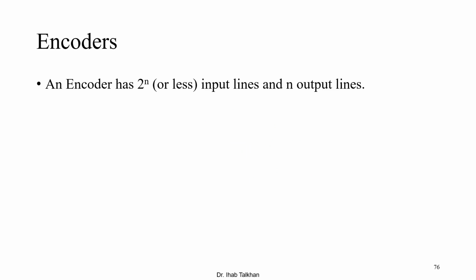Now, if you are talking about the encoder, it means you have standard information and you need to transfer it to get a code for it. So in an encoder, you have 2 power n or less input lines, and you have n output lines.